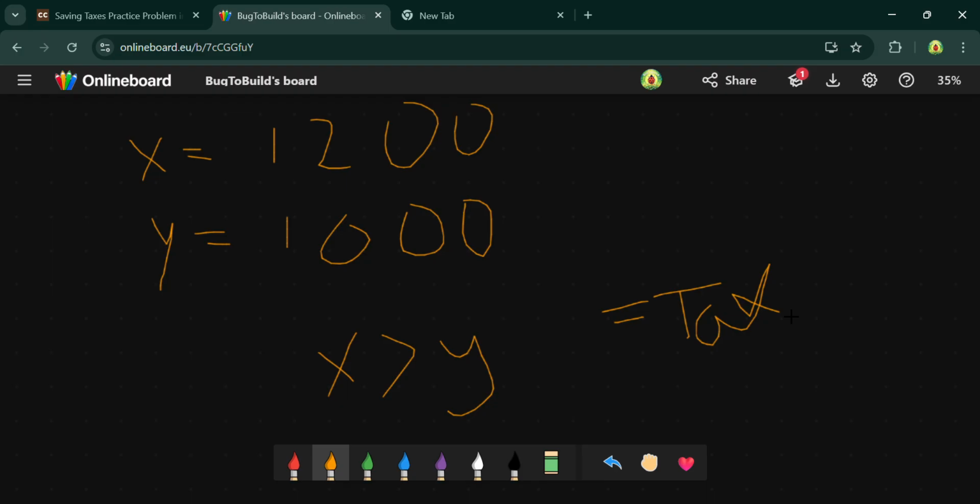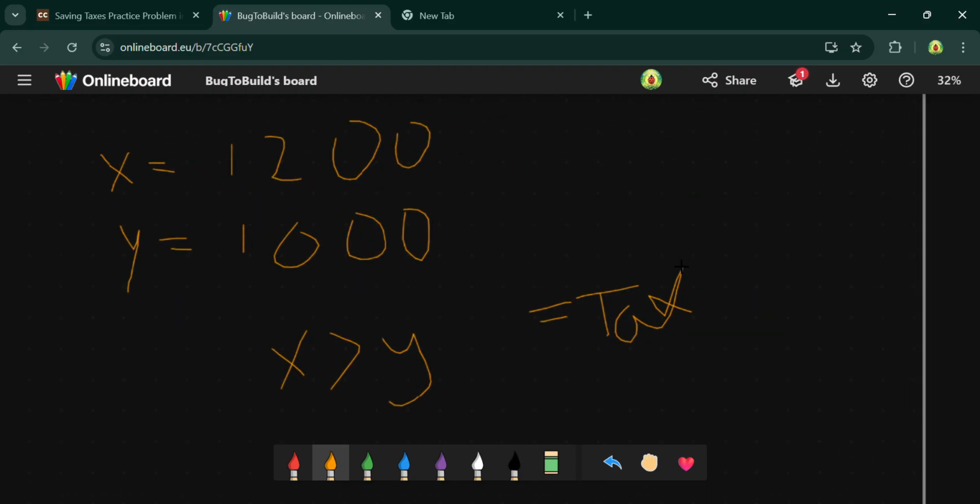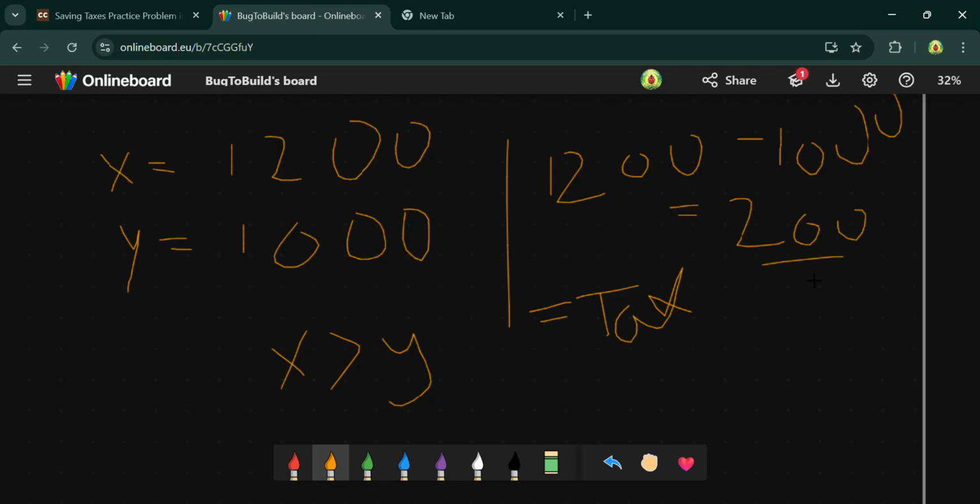So you decided to save this money instead of paying the tax. How much money do you have to save? You just have to do 1200 minus 1000, which is 200. So you just have to save 200 such that you don't have to pay any taxes to the government.